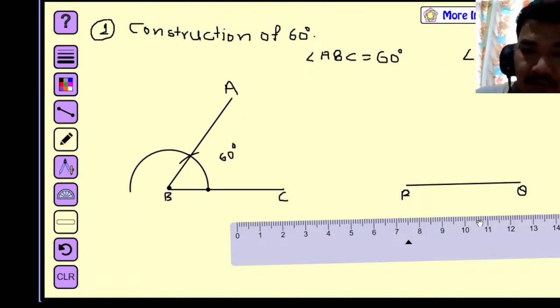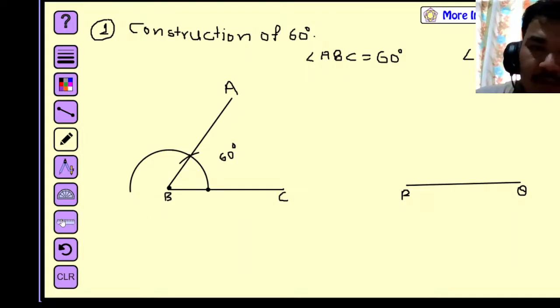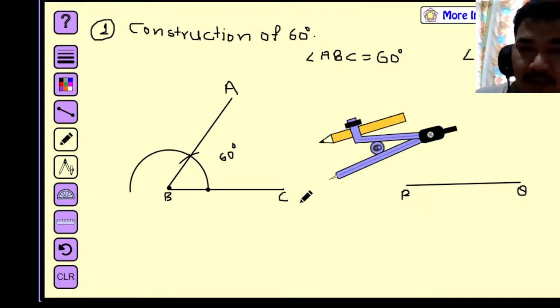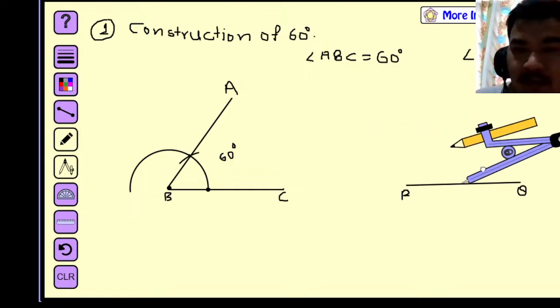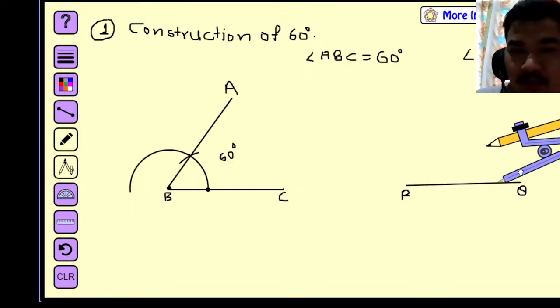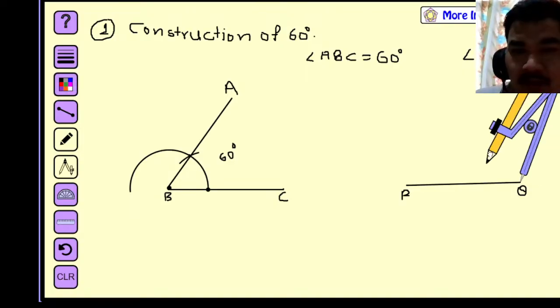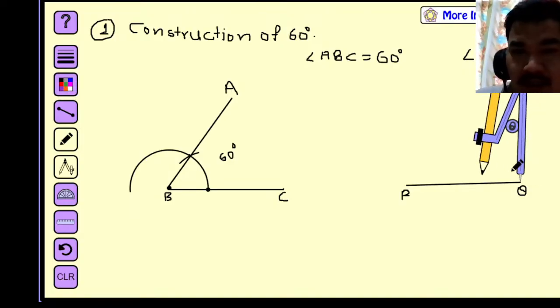Look, for that first of all take the help of compass, and at the point where we have to draw the angle, we have to put the tip of the compass. At which point? Look here, the vertex, the middle letter in the angle name.